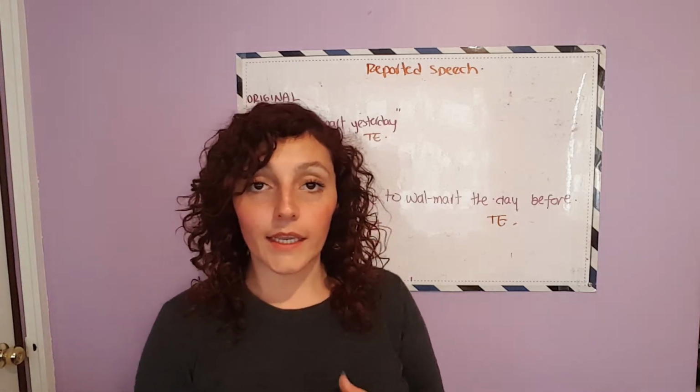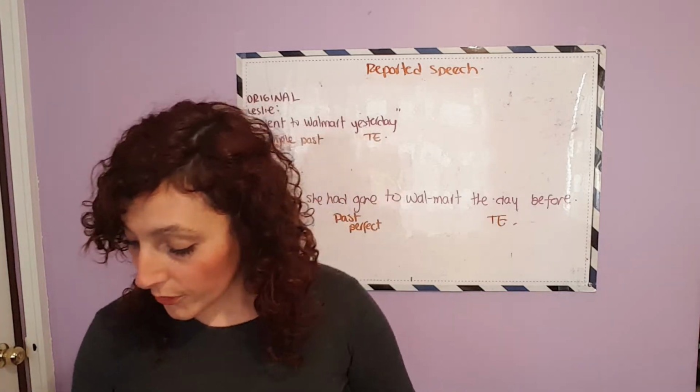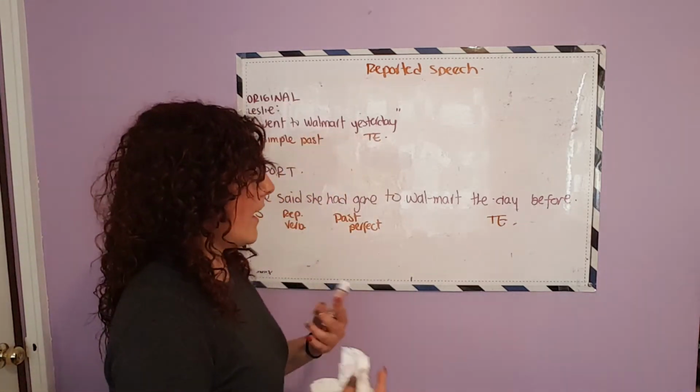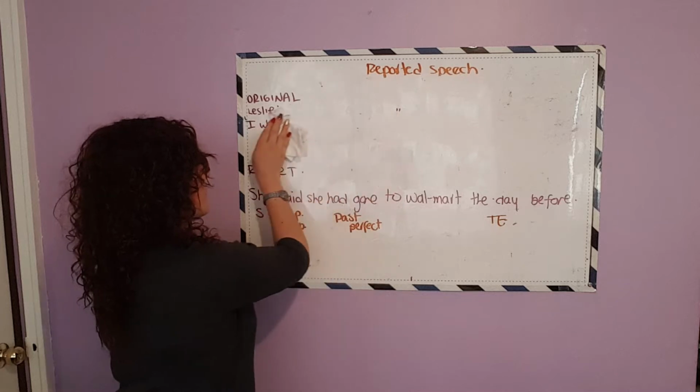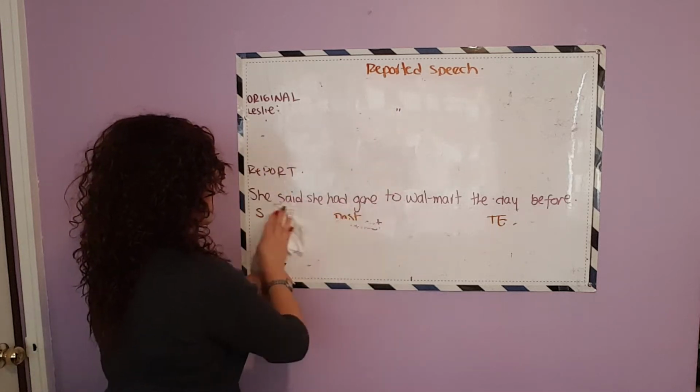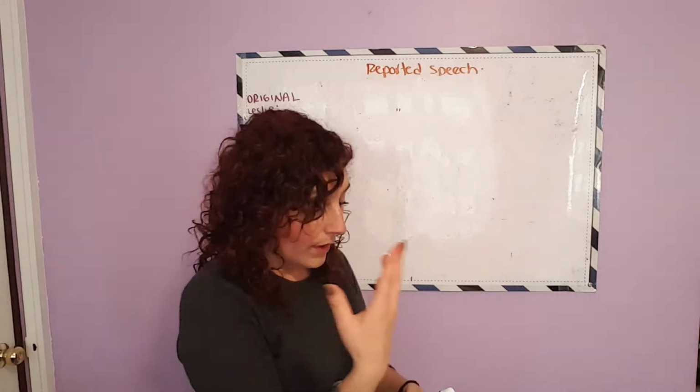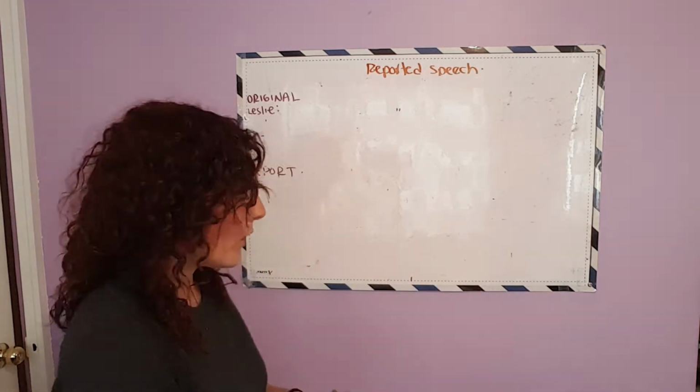This example is for the past, but you can also report ideas with other tenses. I have another example. Let's imagine that I tell my boyfriend, I will go to a party next weekend.